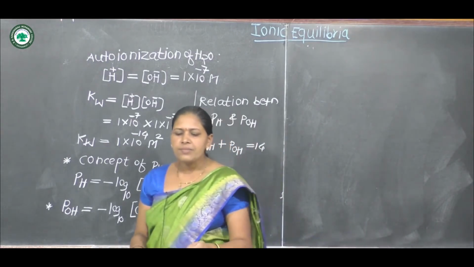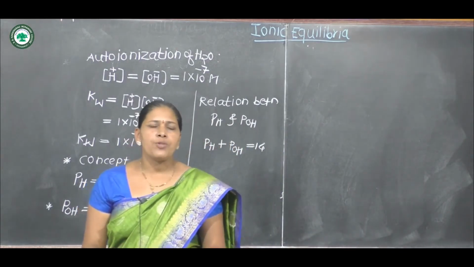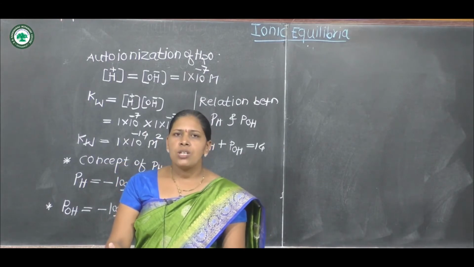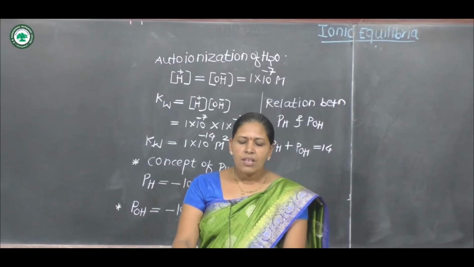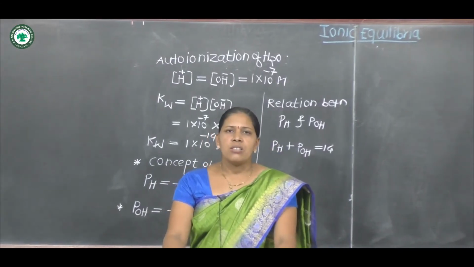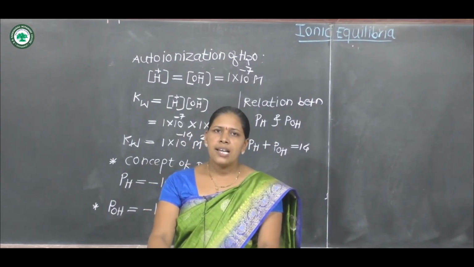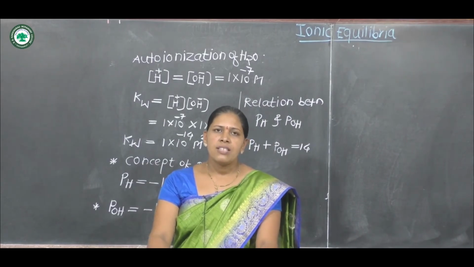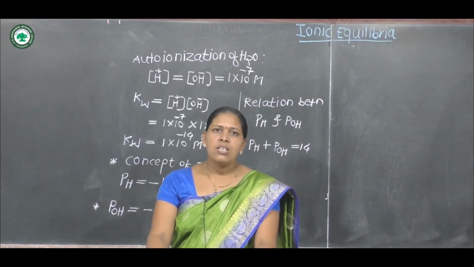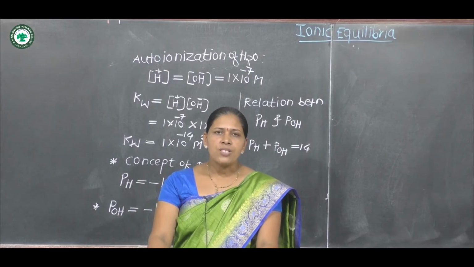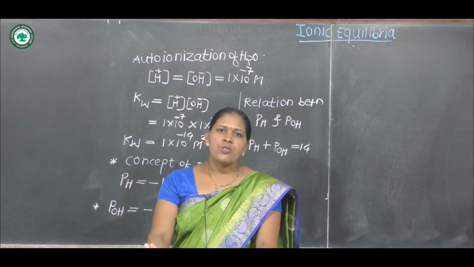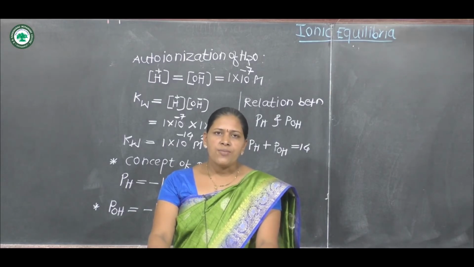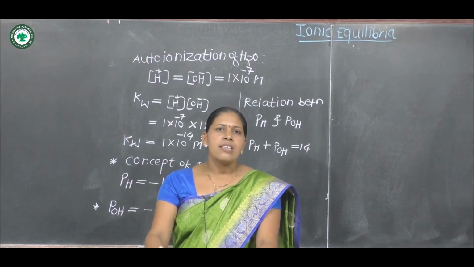Then we know that there are three types of solution: acidic solution, basic solution and neutral solution. What is the acidic solution? In acidic solution there is an excess of H plus ions. That means for acidic solution, concentration of H plus ion is greater than concentration of OH minus ion. Therefore for acidic solution pH is always less than 7.